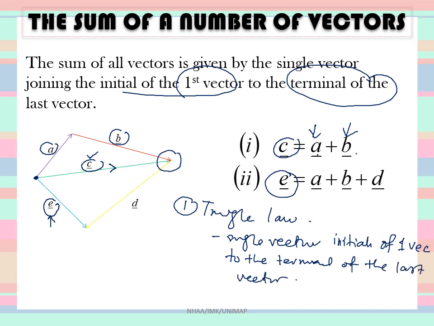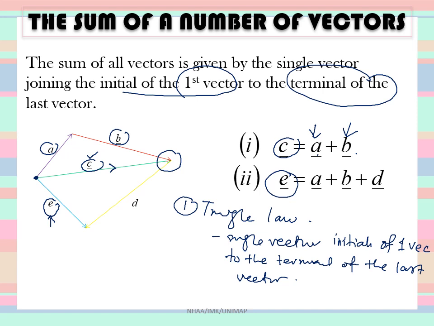So if you have two vectors, for example like C here, it will connect the initial of the first vector, which is A, to the terminal of the second vector, which is B. So the resultant vector is C.